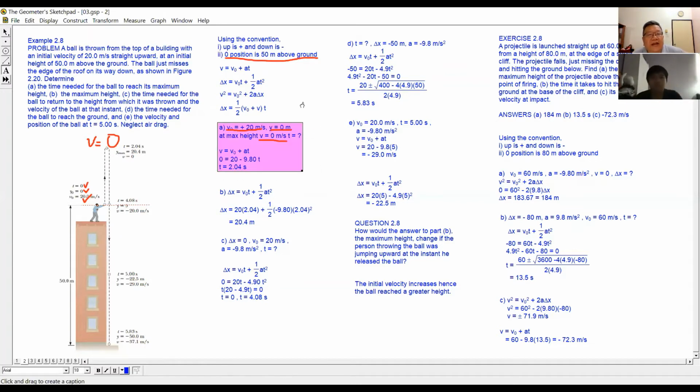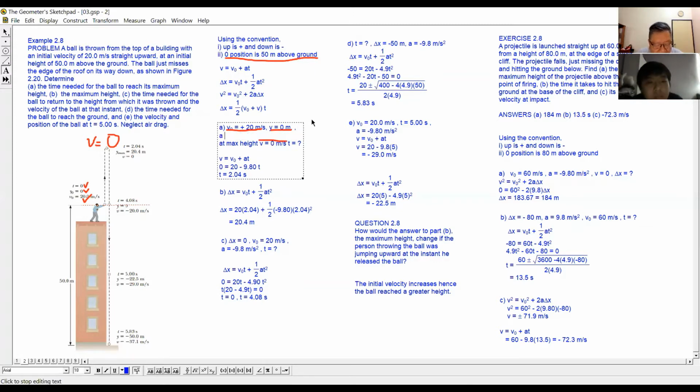So looking at this problem, we know initial velocity, final velocity, the position, and we don't know the time. Another thing we know is the acceleration due to gravity.